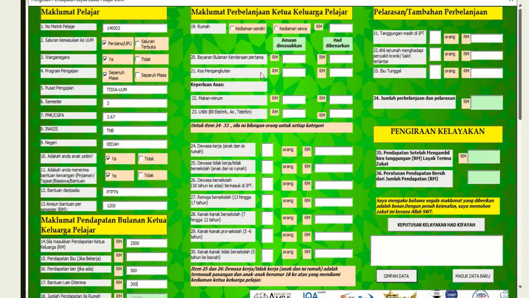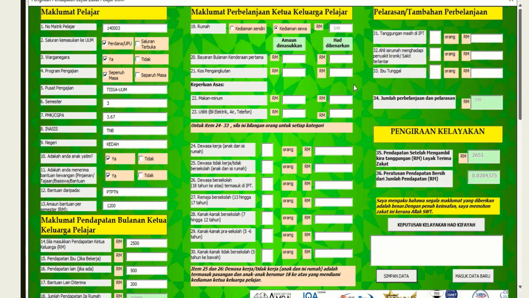Okay, and then when we go to the deductions or the expenses, firstly we will ask whether the house they're living in is their own house or is it rental. So if it's rental, we will minus a certain amount. Okay, this amount of deduction has actually been given by the Lembaga Zakat Negeri Kedah, where these are the had kifayah that is given.